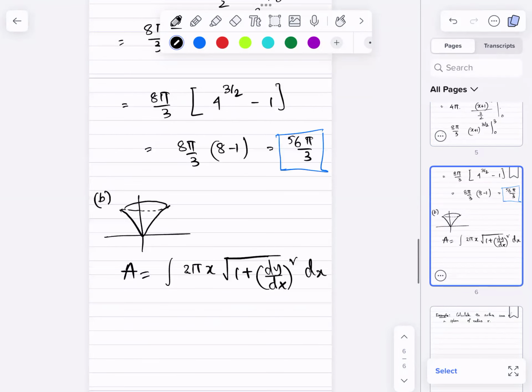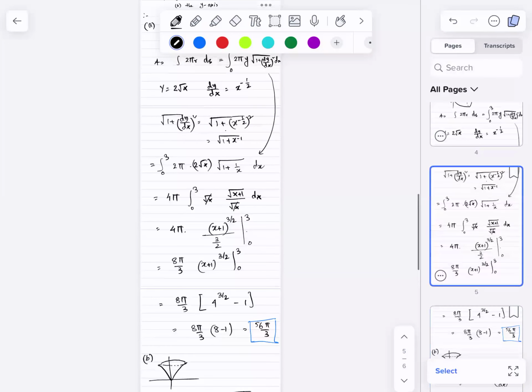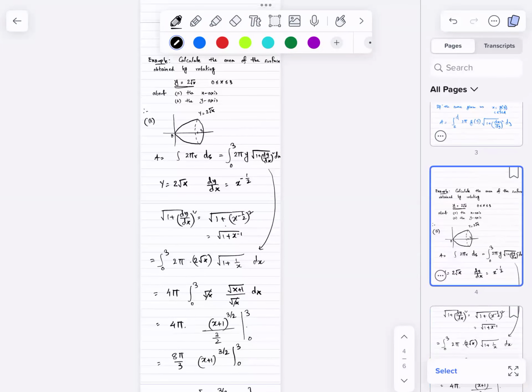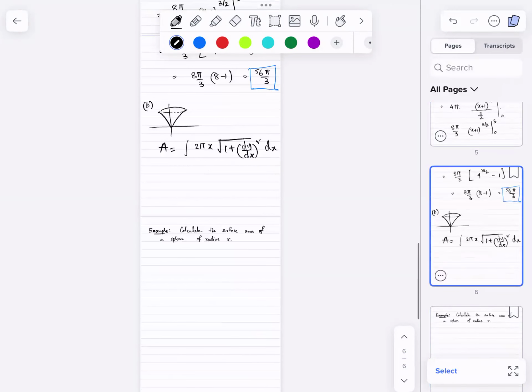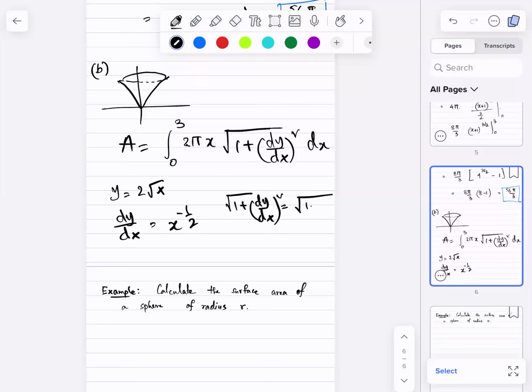Also, the function was given as y equals 2 root x, with x varying from 0 to 3, so the lower limit and upper limit should be 0 and 3 respectively. Again, we know that y is 2 root x and dy/dx is x to the minus half, so the square root of 1 plus (dy/dx) squared is just the square root of 1 plus 1 over x.